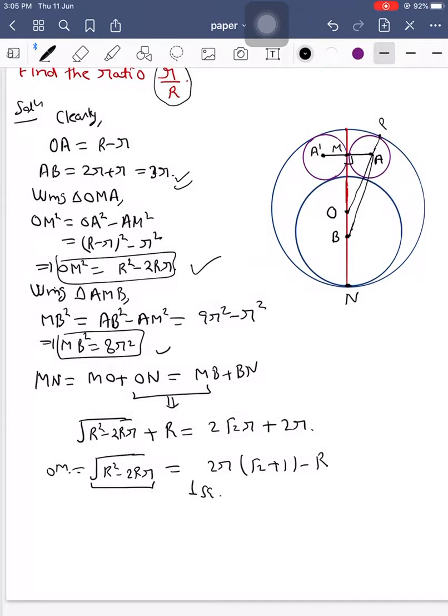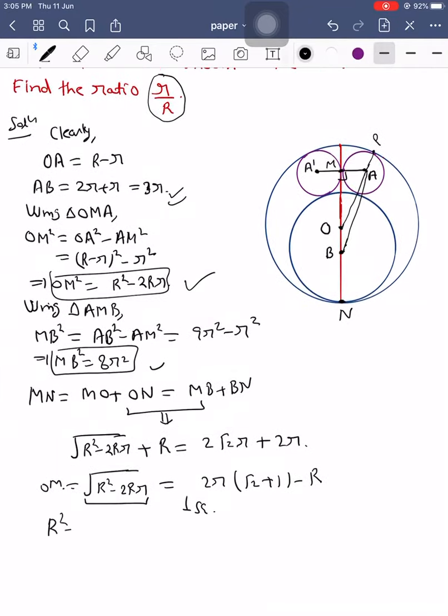Next, squaring both sides, what can we write? R square minus 2Rr is equal to 4r square into (3 plus 2 root 2), plus R square minus 4Rr into (root 2 plus 1). R square cancels out, and then we can also cancel small r as well.